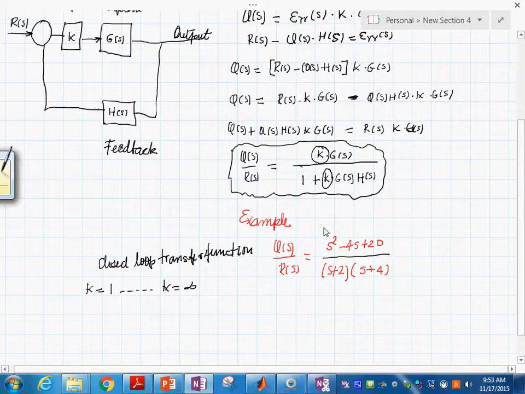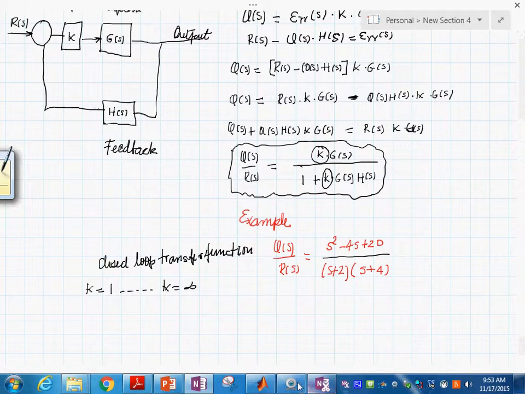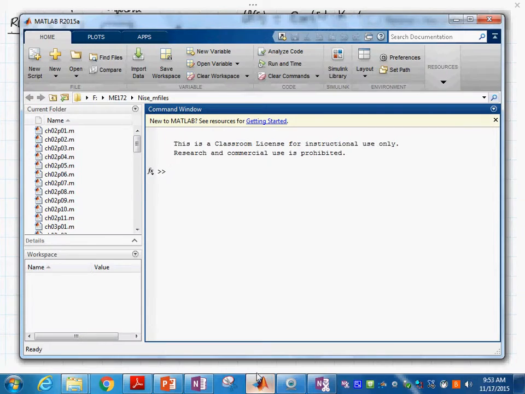So the first thing we're going to do is enter this into MATLAB, and then ask MATLAB to do our root locus.